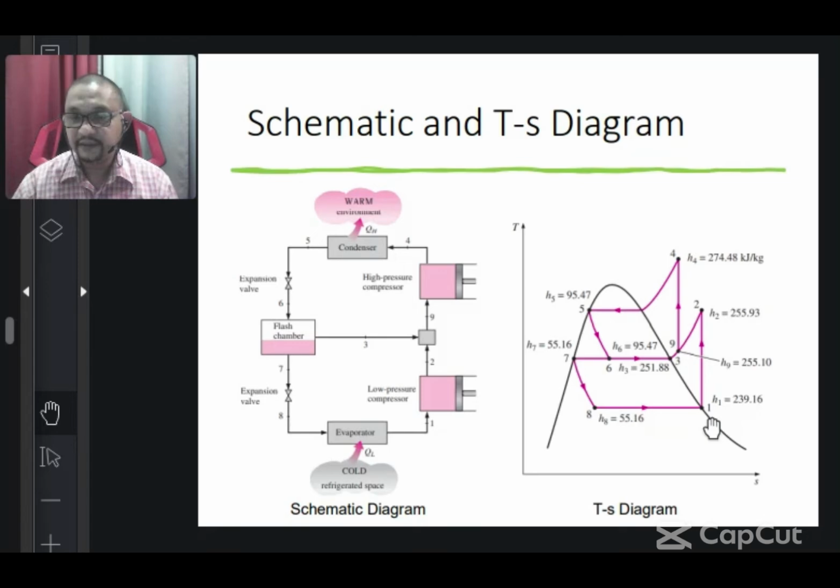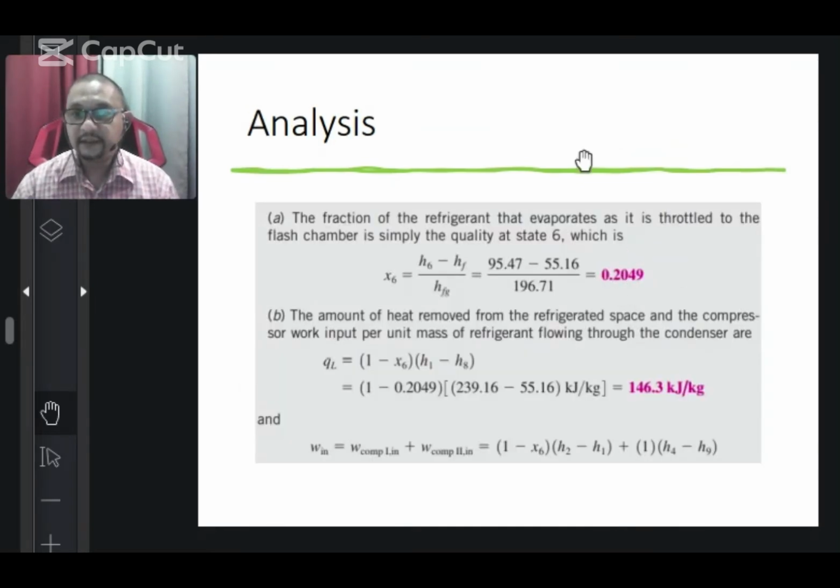From there you will get the enthalpy at each of the states one by one: state 1, 2, 4, 5, 7, 8, 6, and so on.